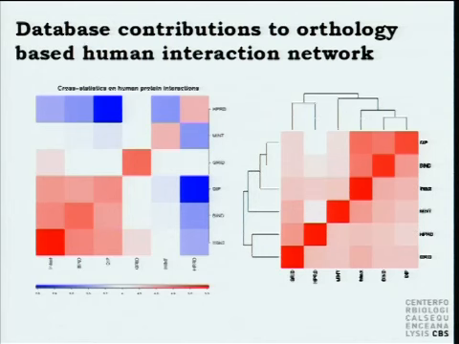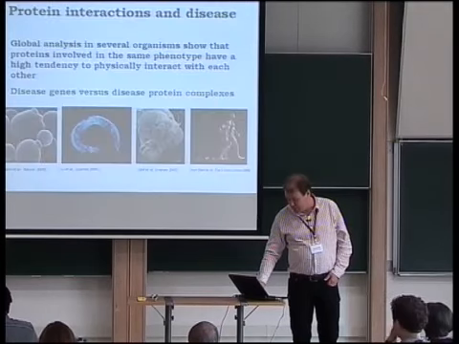This is not the same color, so there's a lot of complementarity in the different databases, and you can also cluster them and see how they relate to one another. So this is unfortunately a data type where you need to work with many different databases, and you need to cope with the different formats that do not always correspond.